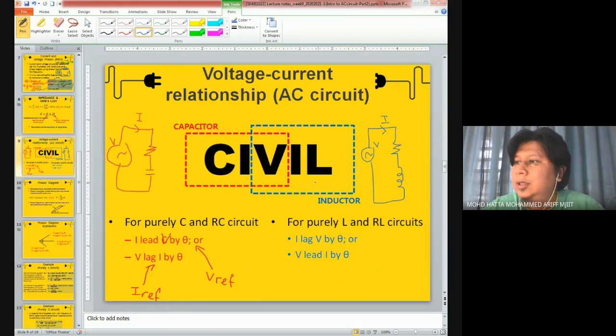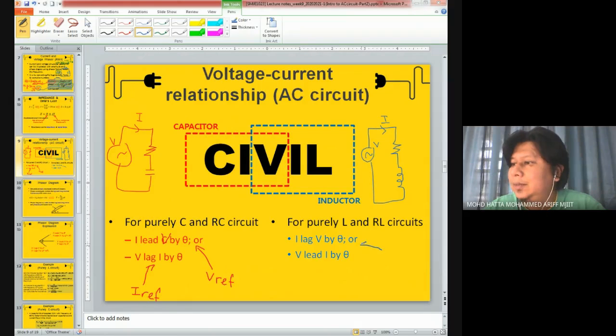The same goes for the one that you see in the blue box. In the blue box, for example, we have a resistor and inductor, or only an inductor in your circuit. The relationship between the voltage and current always gives us this kind of relationship, where the current always lags the voltage by certain degrees. Certain degrees means you need to calculate the value of vector R and X over here. If you look at the word VIL, it means that V will come first before I. So that's why we say that I lags V by that many degrees.